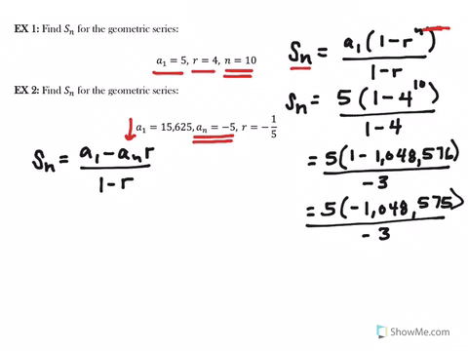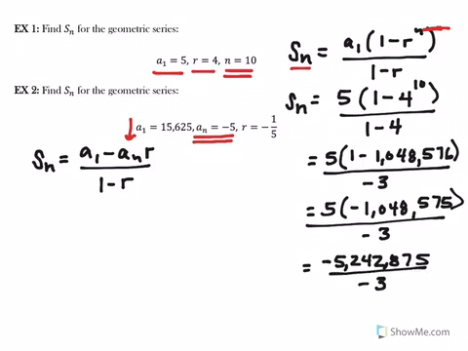So then we would say 1,048,575 times 5. And we're going to get a negative 5,242,875. 5,242,875, all divided by negative 3.